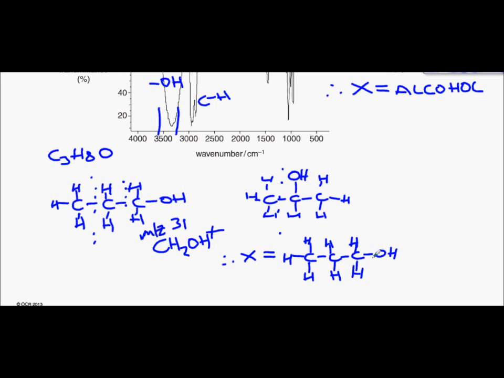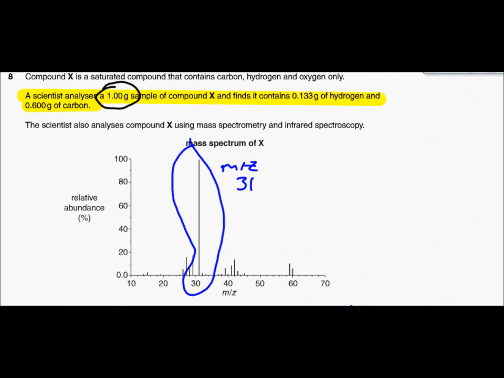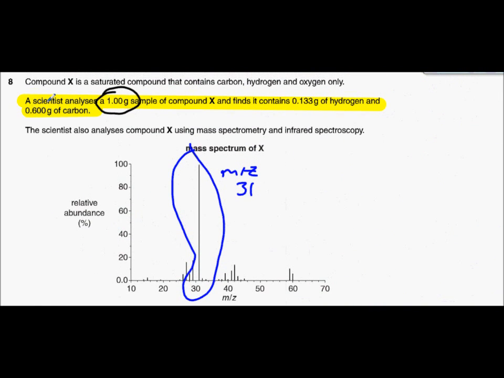At this point then, I can move on to the next part of the question. Just to review, I have used every piece of information on this page. I've used the masses to work out my empirical formula. I've taken the MR from my mass spec and I've looked at one of the fragments and identified it.